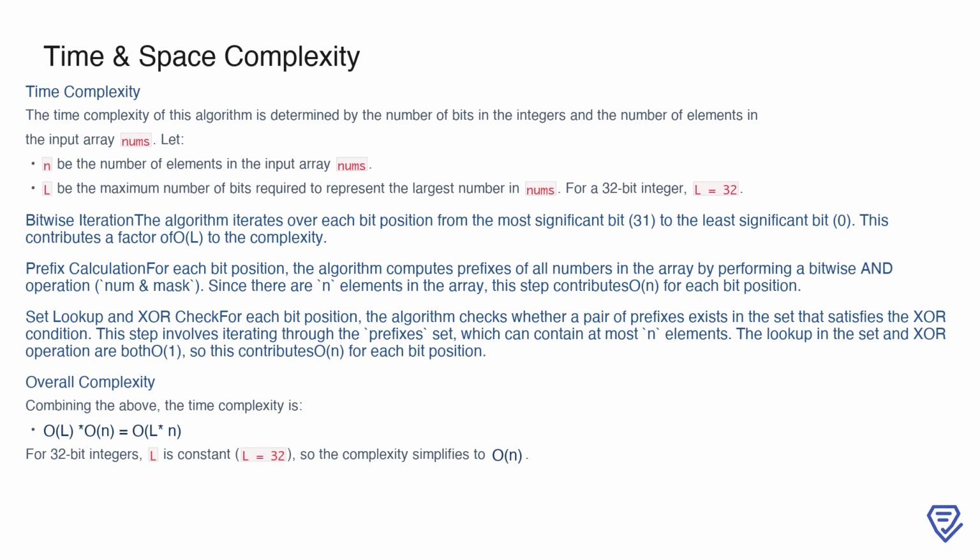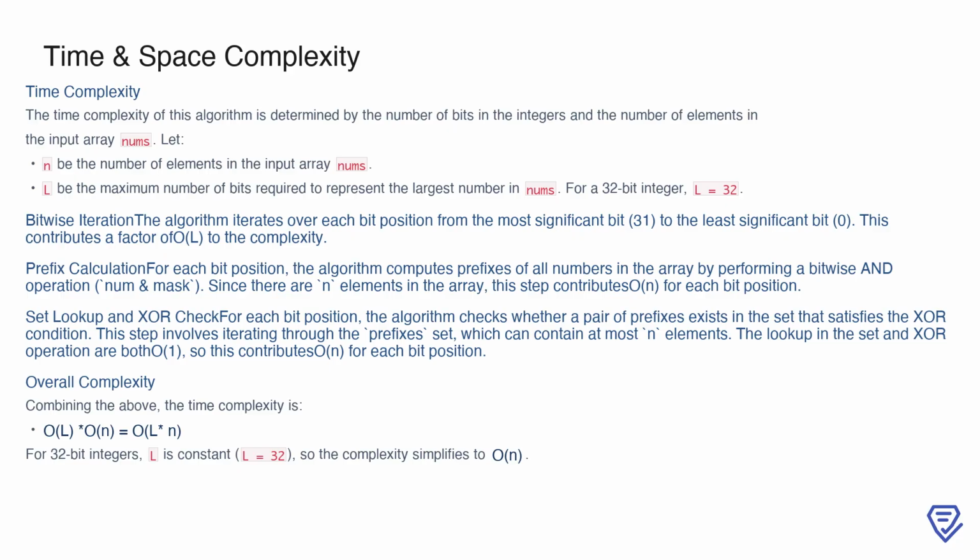The time complexity of this algorithm depends on two factors: the number of elements in the input array, denoted as n, and the number of bits required to represent the largest number in the array, which we refer to as L. For integers in a 32-bit system, L is fixed at 32. The algorithm processes each bit position from the most significant bit to the least significant bit, which contributes O(L) to the complexity. Within each bit position, it computes the prefixes for all numbers in the array.